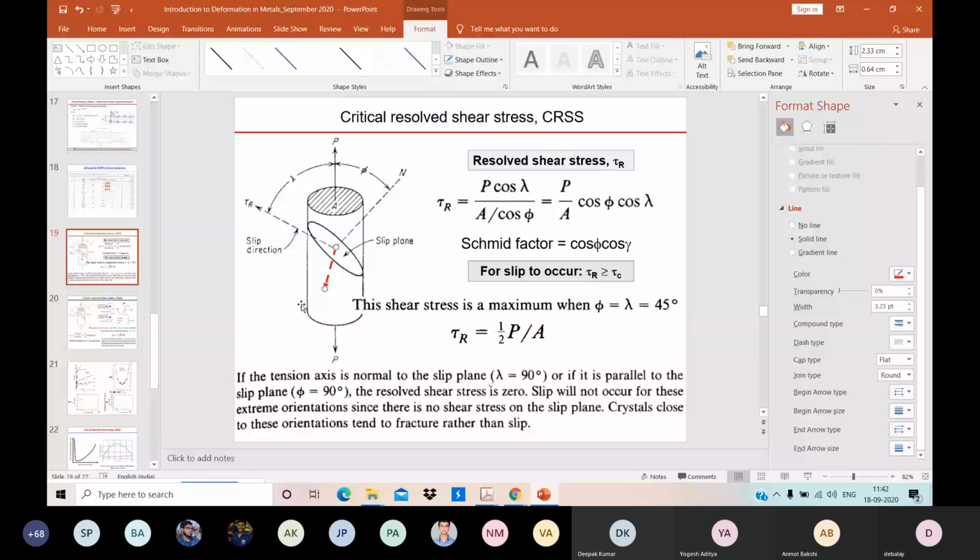But between the slip direction and P, that angle is lambda, and between P and N, that angle is phi.